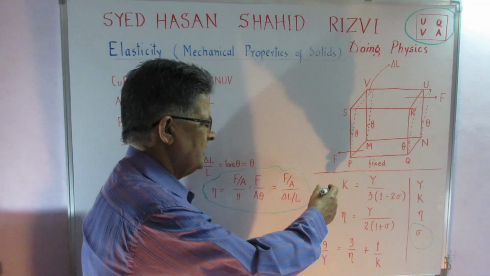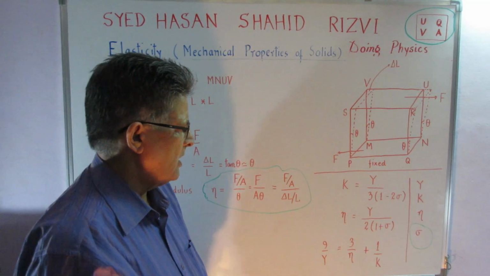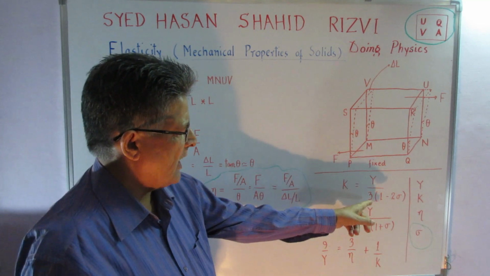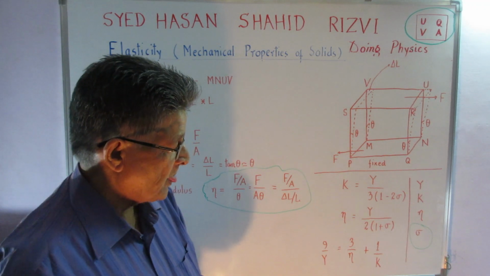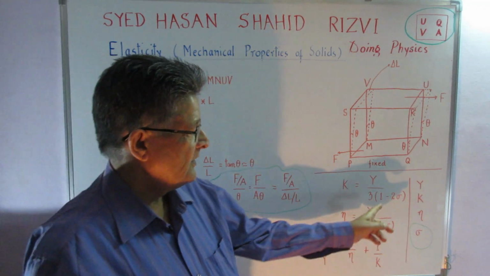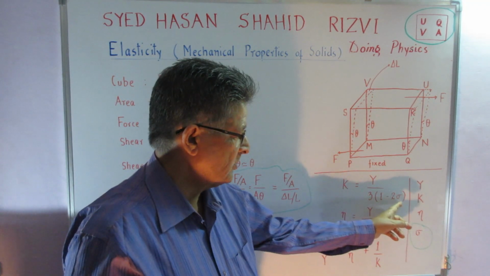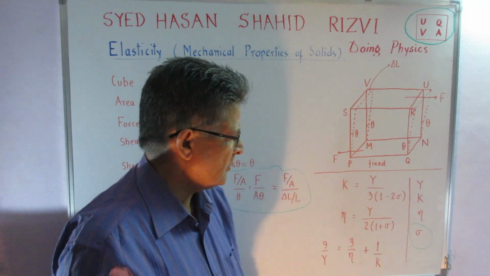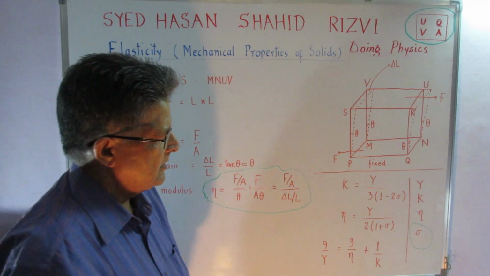And then when we assimilate all the results for Y, K, eta and sigma, we find that there are some interesting relationships. For example, K is equal to Y divided by 3 into 1 minus 2 sigma. Remember, sigma cannot be more than 0.5, else this will become equal to 1, and then this factor in the denominator will become equal to 0. So sigma has to be less than 0.5.